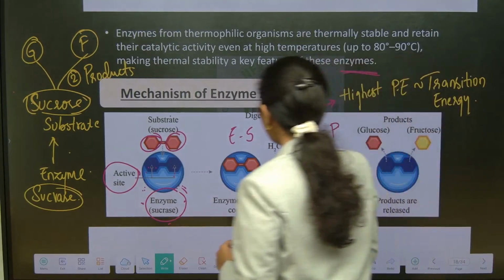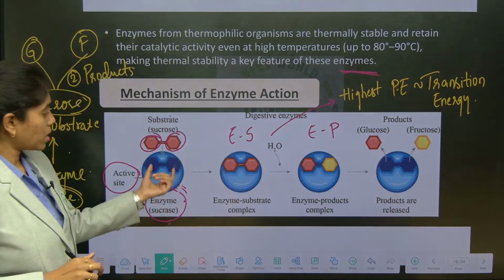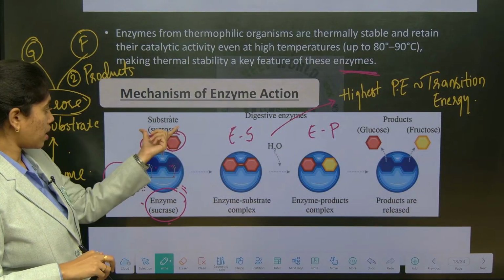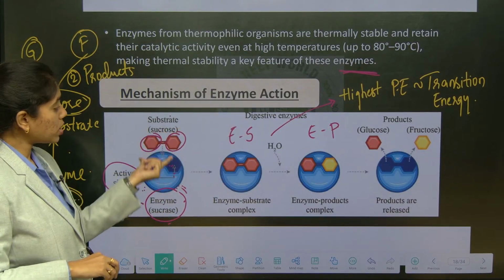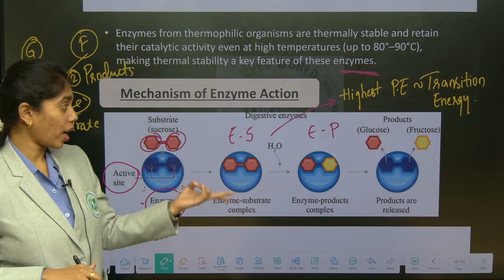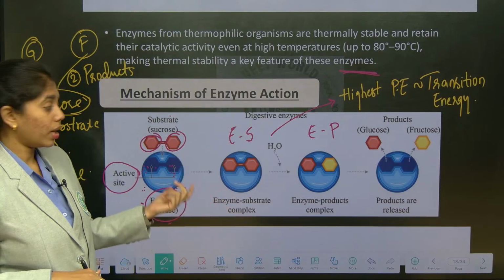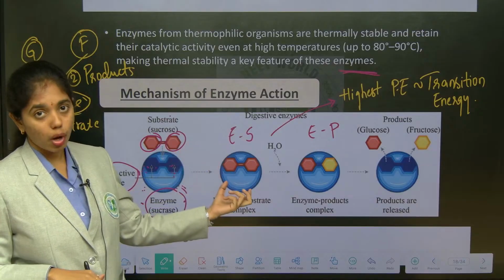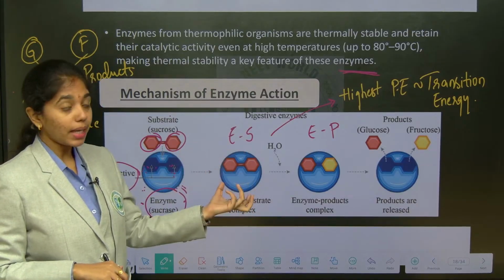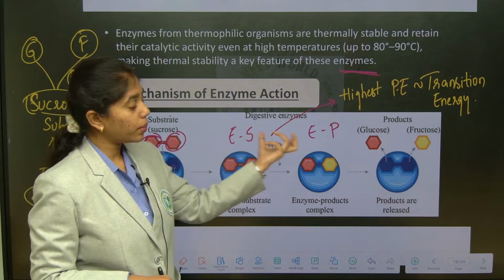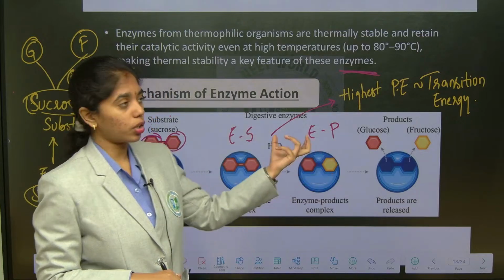Fine, right? So, first the enzyme has active sites, and to this active site the substrate will come and fit. How is the substrate fitting? We have two models, lock and key hypothesis and induced fit model. We will learn it. As such, it forms the enzyme substrate complex, which will be modified to enzyme product complex.